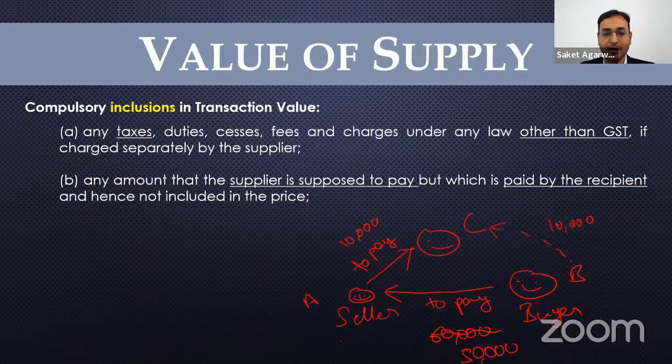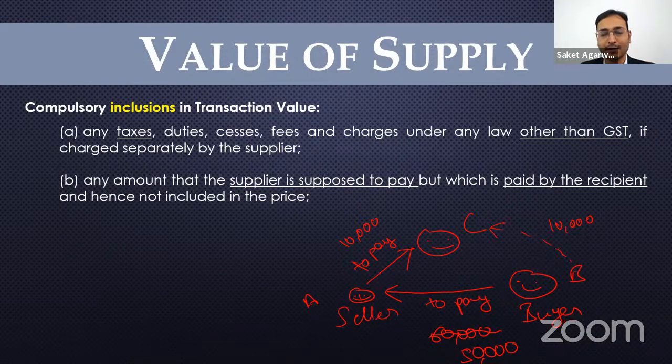So in the invoice which the seller will issue, he will reduce the value from 60 to 50 if B is paying this 10,000 to C. Now, will our government sit quiet because of this? Whatever is the value on the invoice, on that the government will get GST, right? They have reduced the value, but in effect, the transaction is still happening for 60,000 rupees.